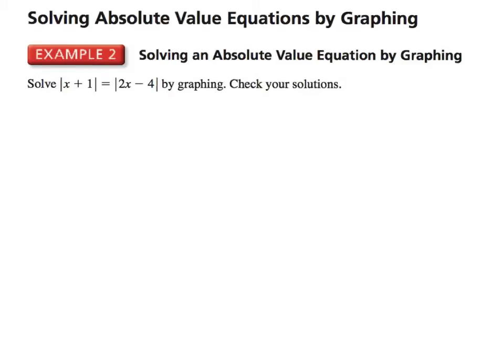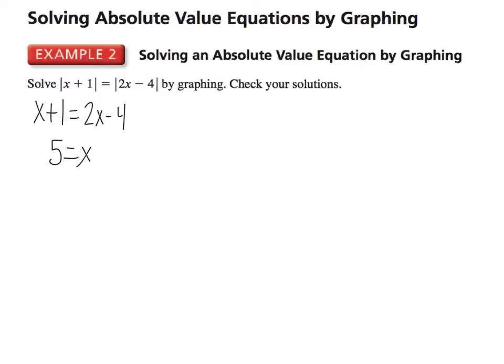All right, in example number 2, we're going to solve the absolute value equation. If you remember, we want to write two separate equations here. So we would write x plus 1 equals 2x minus 4, and we would solve that. And let's see, subtract x, add 4, that would give us 5 equals x.